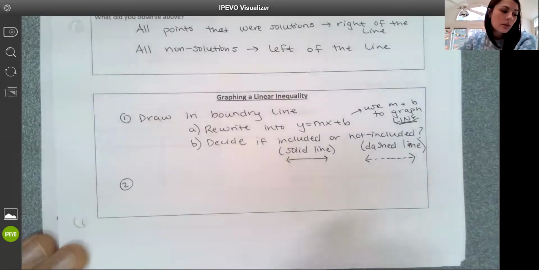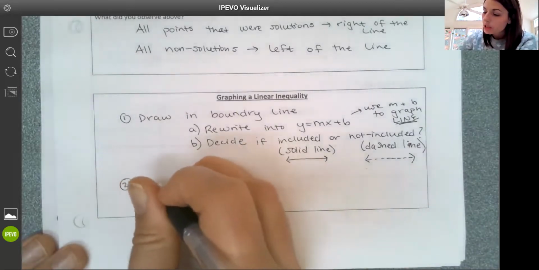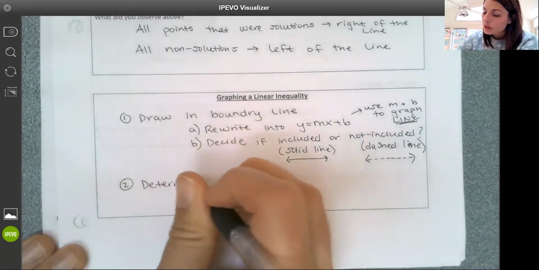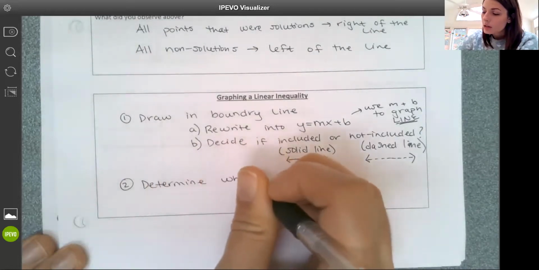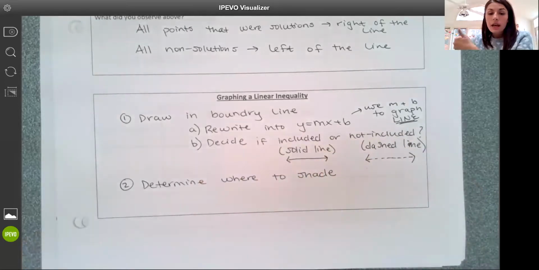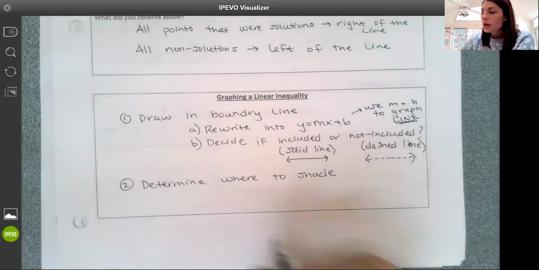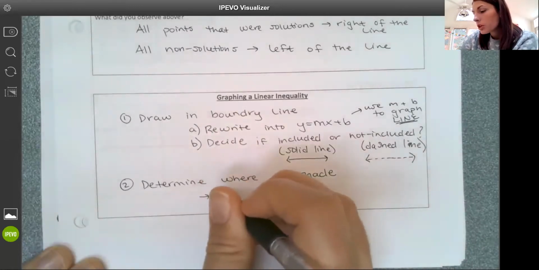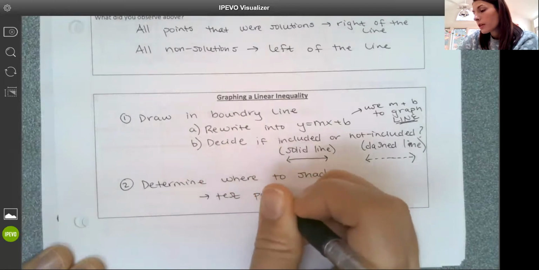And then the second thing that we need to do is we need to determine where to shade. Okay, so one half of my graph will always have my solutions. And so to do that, we are going to test a point.